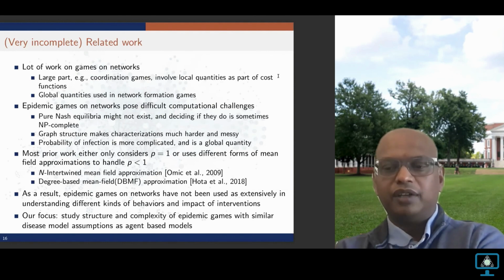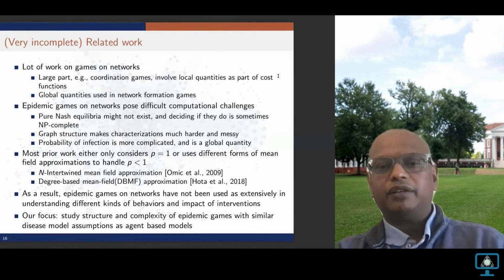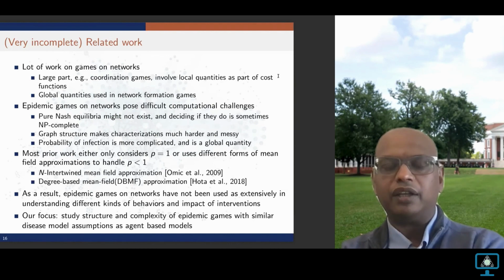Even if you have few parameters, so everyone has the same vaccination cost, same infection cost, and so on, the graph structure and graph properties provide an endless set of parameters, which make it harder to get as clean results as in the case of population games. The probability of infection is a much more complicated quantity, and it's global, and even calculating that is hard. And it's sensitive to network changes, which makes this a hard problem.